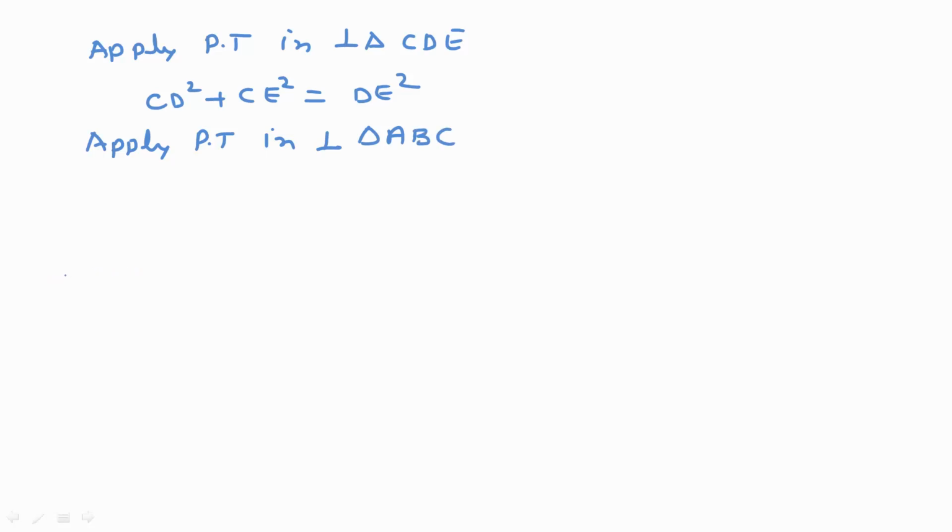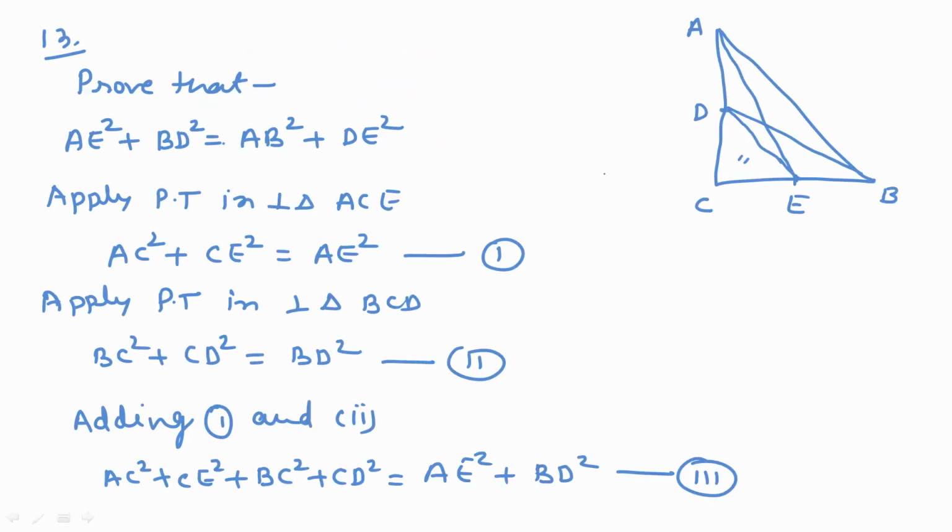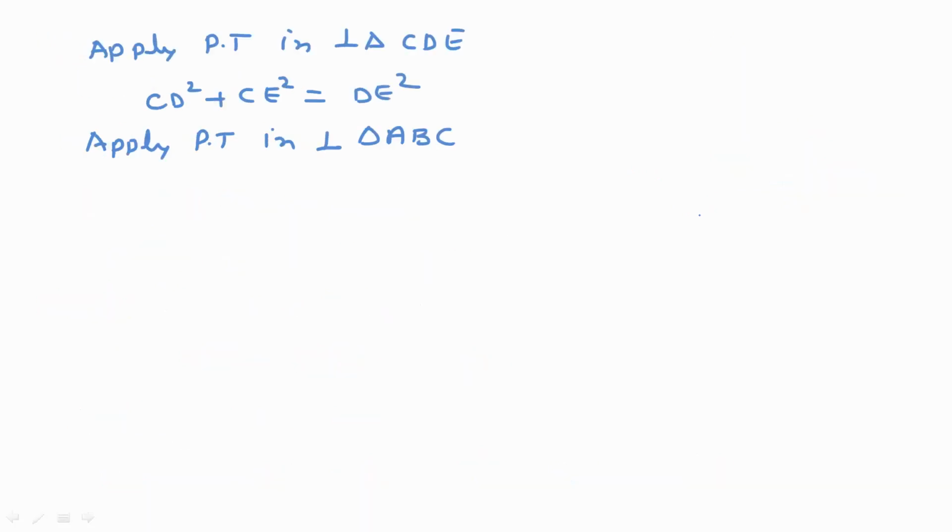We obtain AC square plus BC square is equal to AB square.